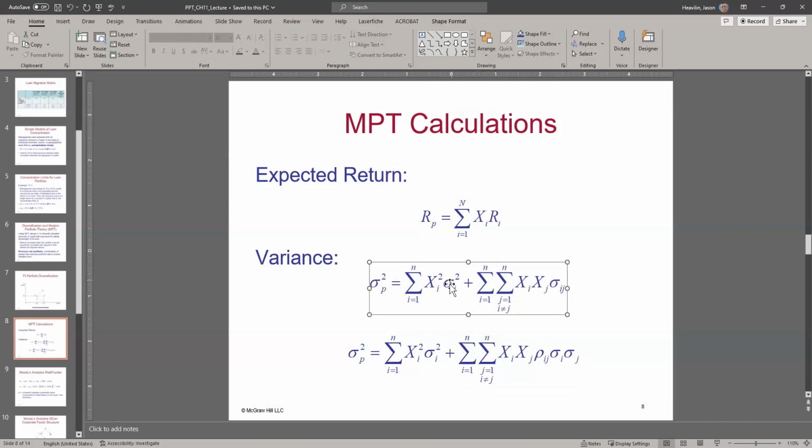So what you have here is variance here and here. This is covariance because it has two assets and not the square. And down here, no square, only one asset, that's standard deviation. This letter that looks like a P is actually a Greek letter rho, and that represents correlation.